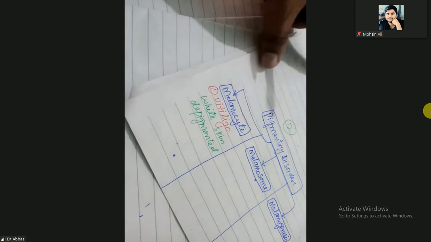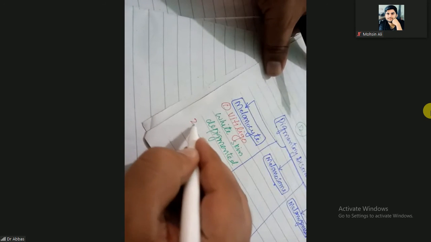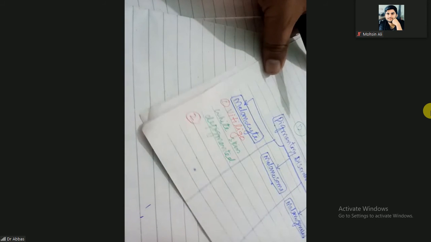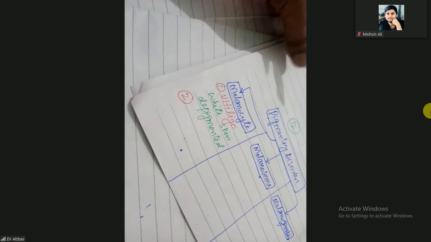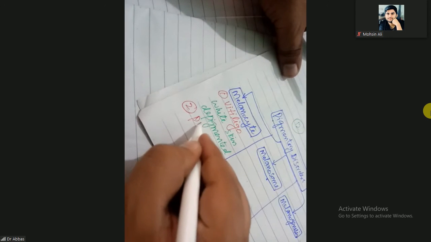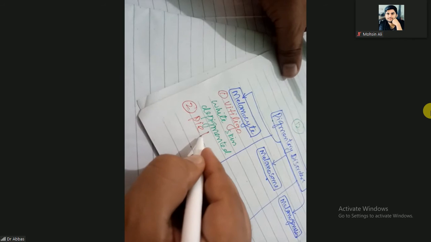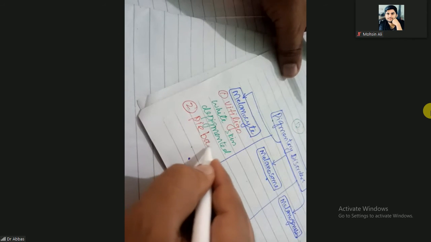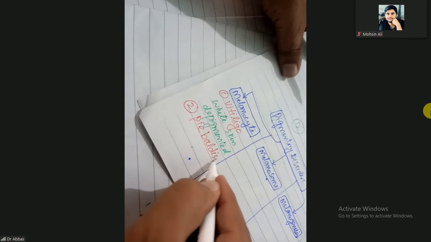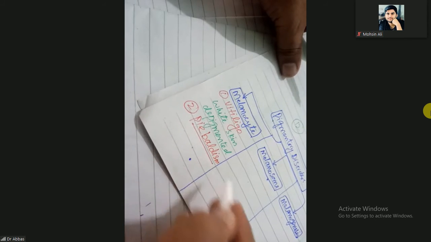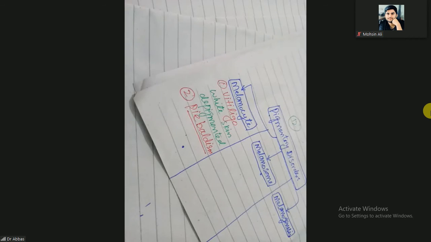The second disease due to the melanocytes is piebaldism. This is the second disease. Actually, it is also an absence of the melanocyte.